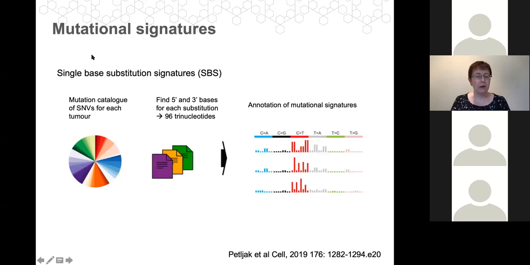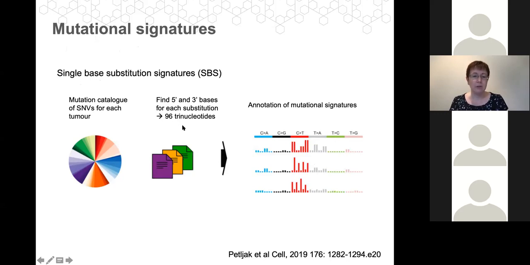So the pattern in mutations caused by ultraviolet radiation and other mutagenic processes can be investigated by looking at mutational signatures. The first signature developed was the single base substitution signatures. So this is where you have a mutation catalogue for the point mutations in each tumour, and you find the 5' and 3' bases for each substitution, which gives you 96 trinucleotide contexts.